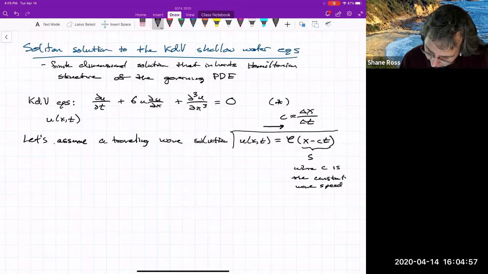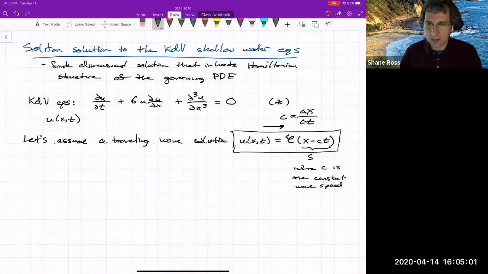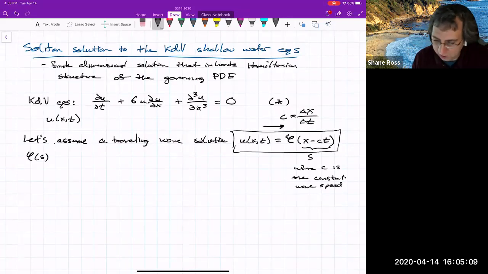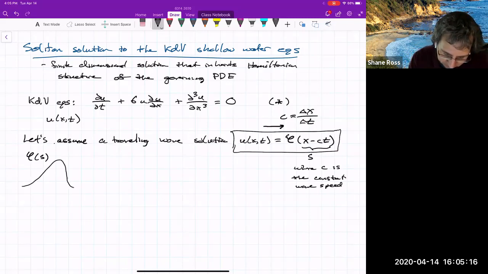If you haven't done this before in your life, this is not earth-shattering. This is something you would just do. So then you've got some phi as a function of just one variable s, and we don't know what that thing is.